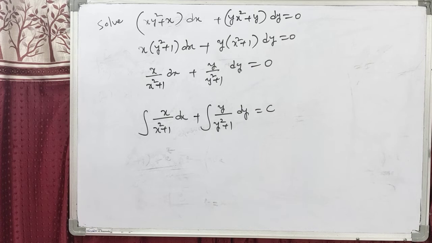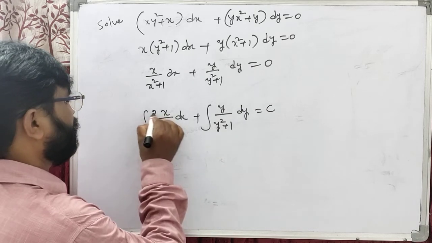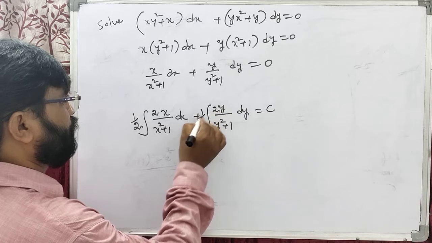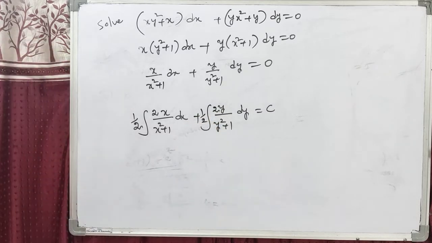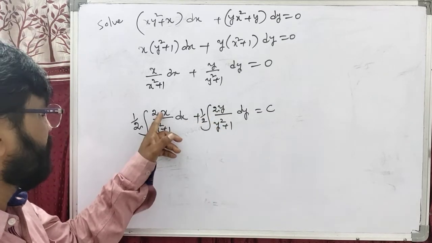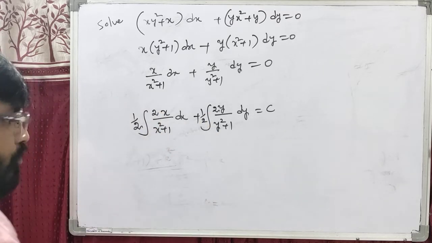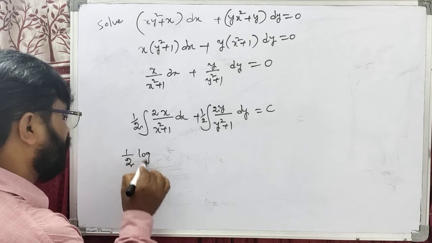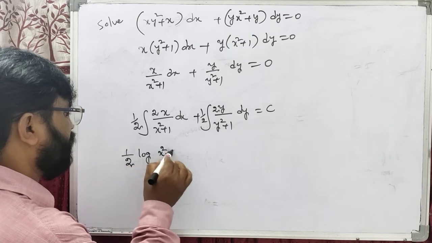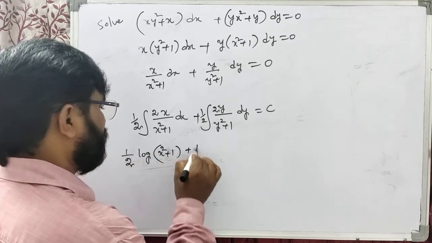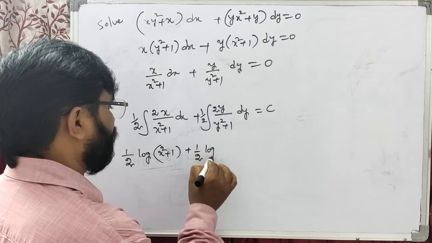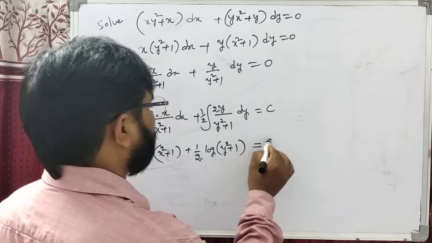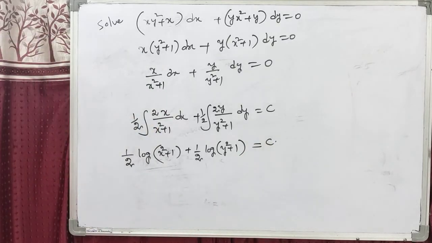Dear students, now we can multiply and divide by 2 here, and here also by 2. The derivative of x^2 is 2x, the derivative of y^2 is 2y. Now we can write 1/2 log|x^2 + 1| plus 1/2 log|y^2 + 1| equal to c. Okay, students.